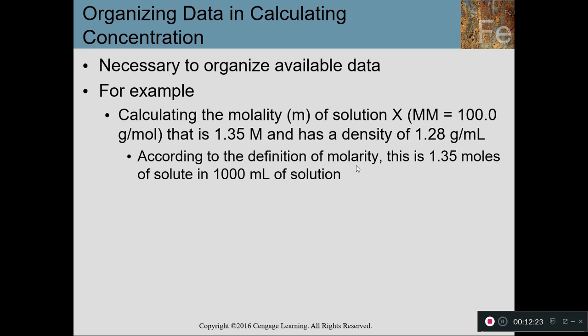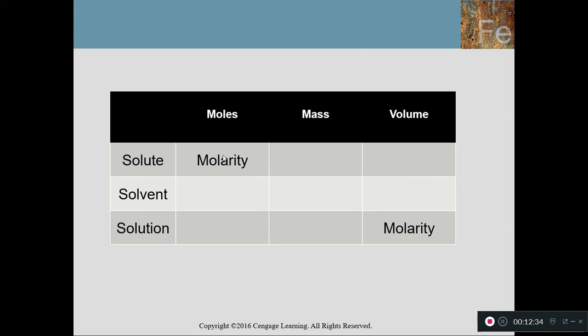And according to the definition of molarity, that means that I have 1.35 moles of solute in 1,000 milliliters of solution. So if we're going to use this table to organize our thoughts, if we're given the molarity, we're going to fill in the mole section for the solute and the volume section.